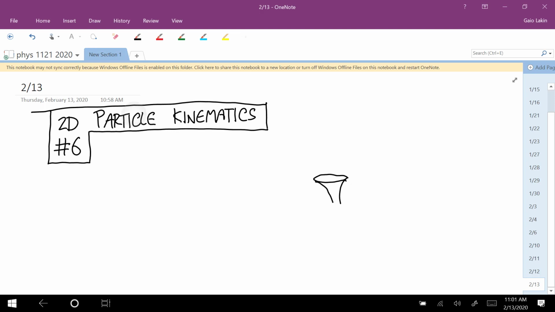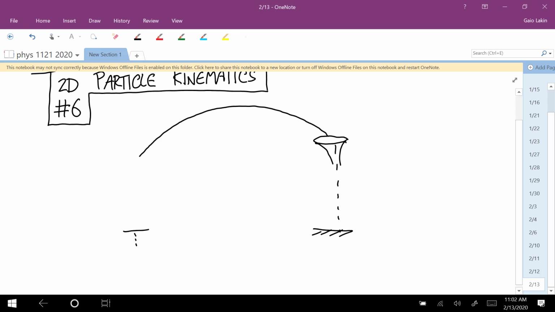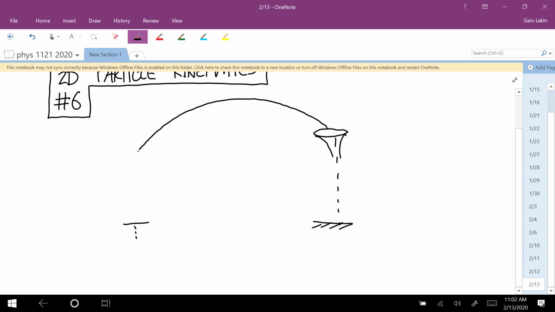And we know that at the spot that it's shot from, it's shot at an angle of 60 degrees above the horizontal.